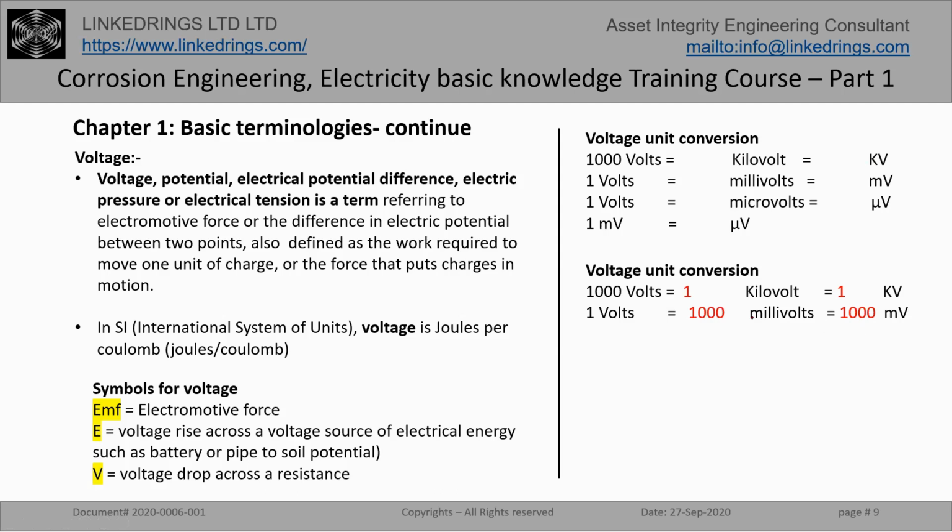Millivolts we can write as mV, with a small m; capital M is different from small m. 1 volt equals how many microvolts? 1 million, meaning 10 power 6 microvolts. This is the symbol for micro. 1 millivolt equals how many microvolts? Equal to 1000.